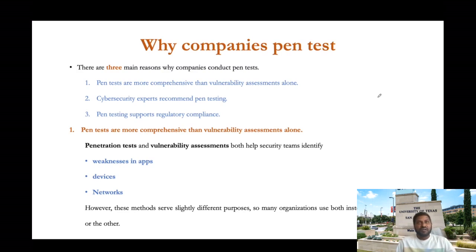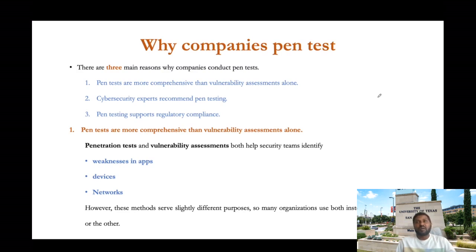Because pen testers use both automated and manual processes, they uncover unknown vulnerabilities. Because pen testers actively exploit the weaknesses they find, they are less likely to turn up false positives.